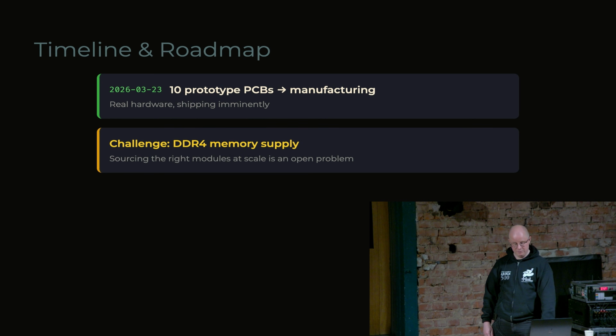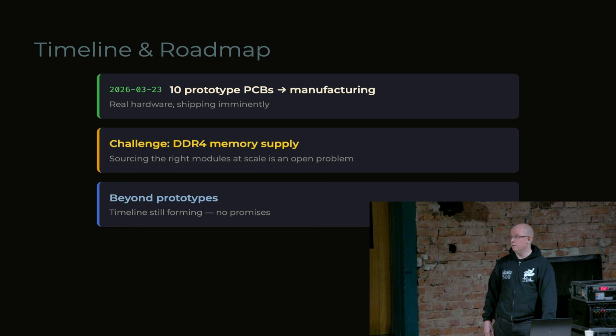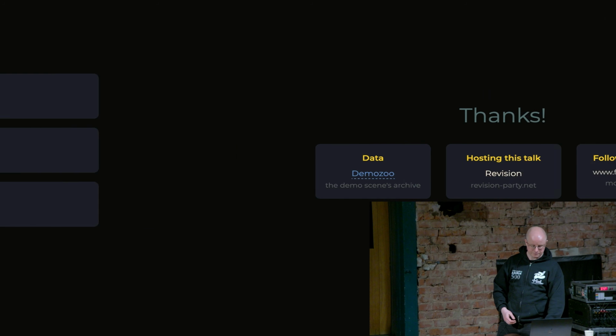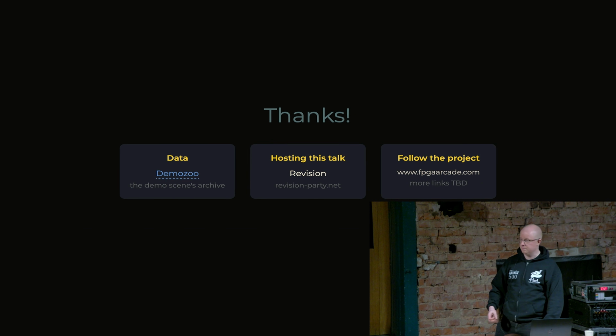This is a bit of a challenge for us, like the memory supply and what the price will actually be when we get that. We don't know yet. So the idea is that we will build these prototypes and start from there, see where it goes. So that's it. Thanks. Any questions?